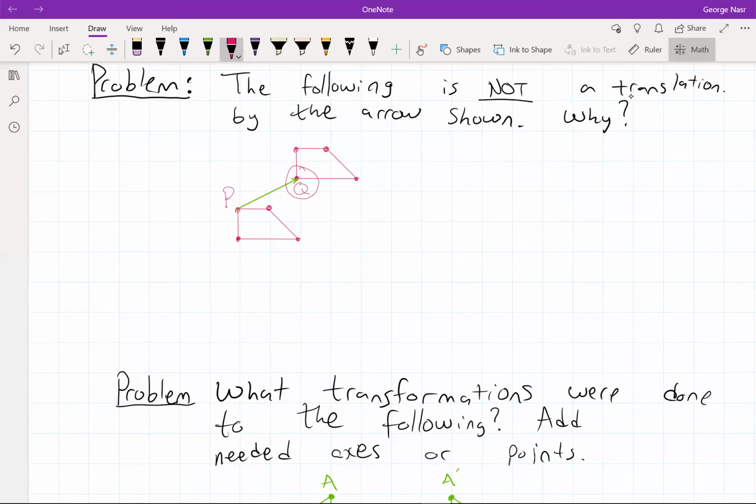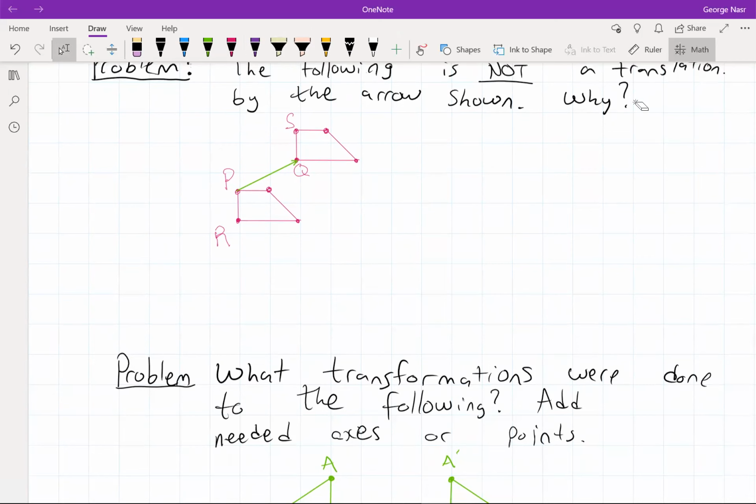If you look at these two objects, this point here really looks more like this point down here, which I'll call R. And this point up here really looks like this point up there, which I'll call S. Okay. P is like the top left corner, but Q is like the bottom right corner.